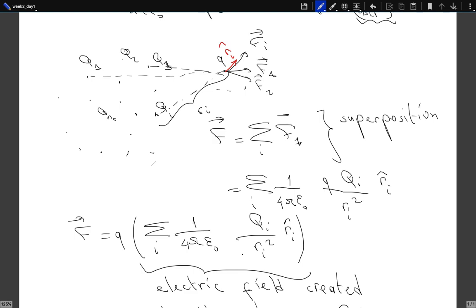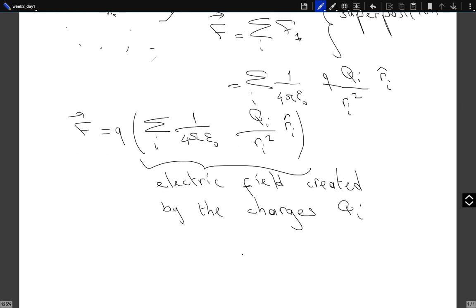These will be the same, but all these distances and these directions will be different for a point over here. So if I change my point, the electric field will be different. If I change the configuration of my charges, again, the electric field will be different. So it depends on both the charges creating the electric field and at which point I am evaluating it.